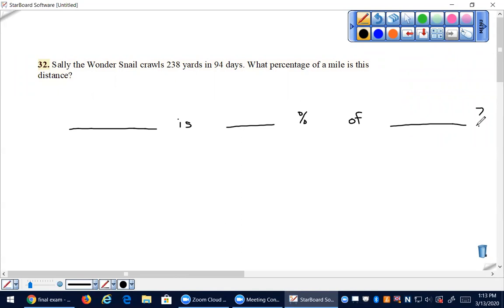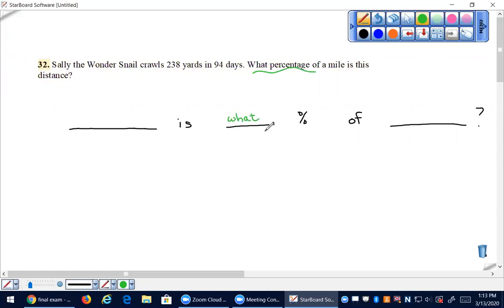It says what percentage, so that's the what. That's the easy one.